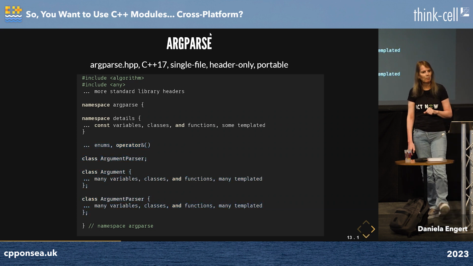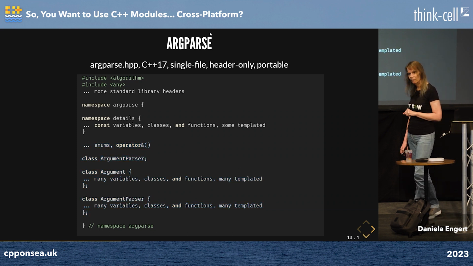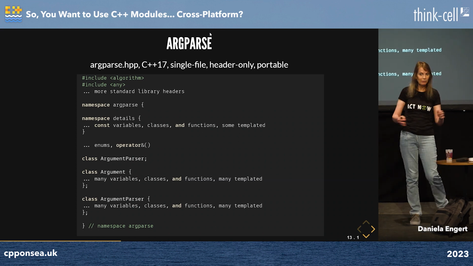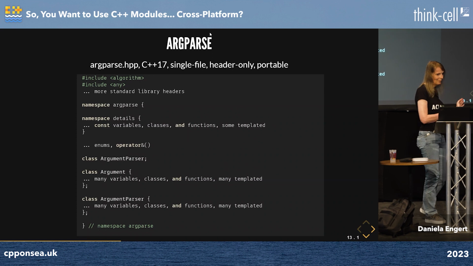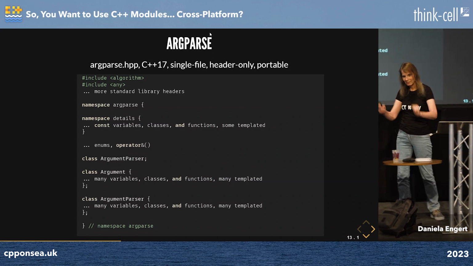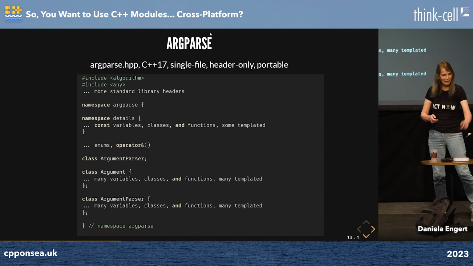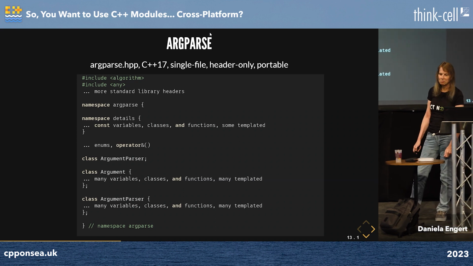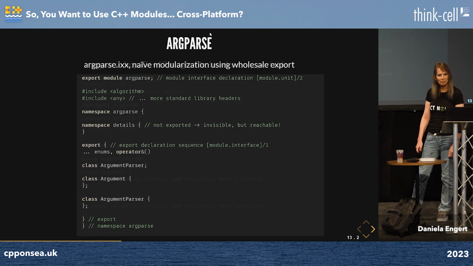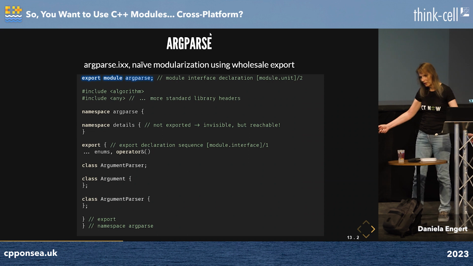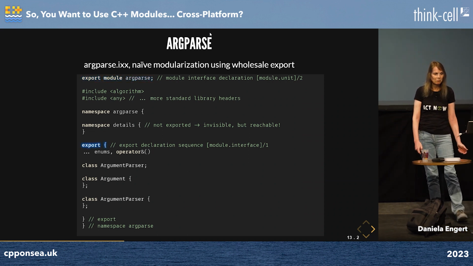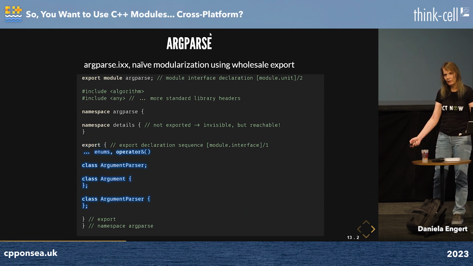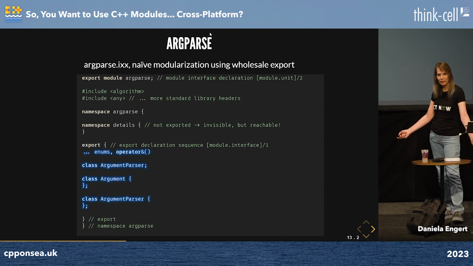So, if you're new to modules, have learned everything that I've told you up to now, blue-eyed, bushy-tailed, really determined to make this into a module, what you probably may do is slap a module export declaration here, and export all the things that are meant to be the interface, right?